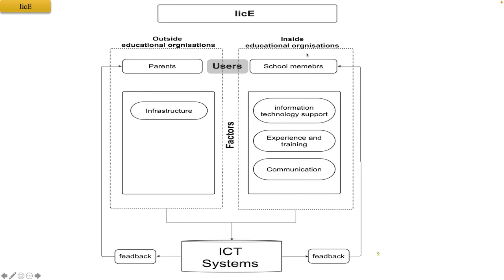As you can see, there are some factors inside the educational organization and some factors outside of it. There are two kinds of groups: the school members, like teachers, principals, administrative assistants, and so on, and the outsiders, meaning the parents, who are outside the educational organization.